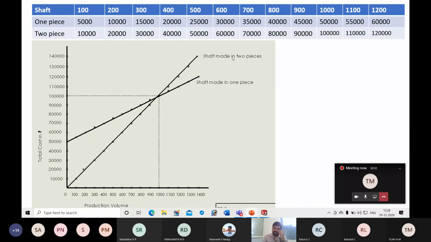That is the conclusion you can draw by plotting this graph and calculating all these things. If the production volume is greater than 1000 units, the shaft made in one piece is preferable. If it is less than 1000 shafts, the shaft made in two pieces is preferred.